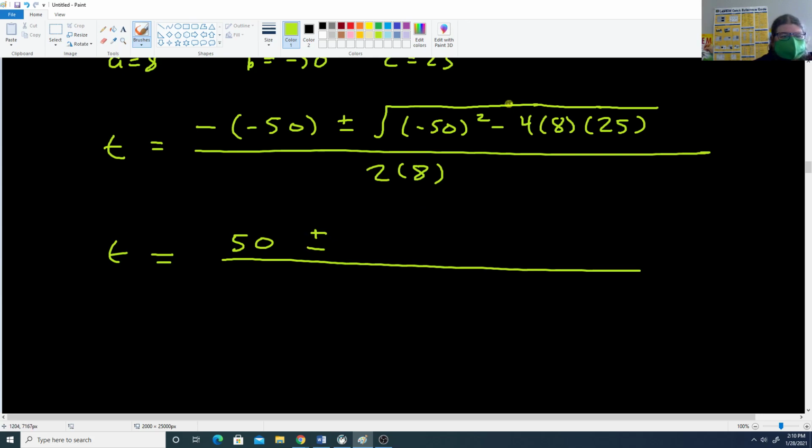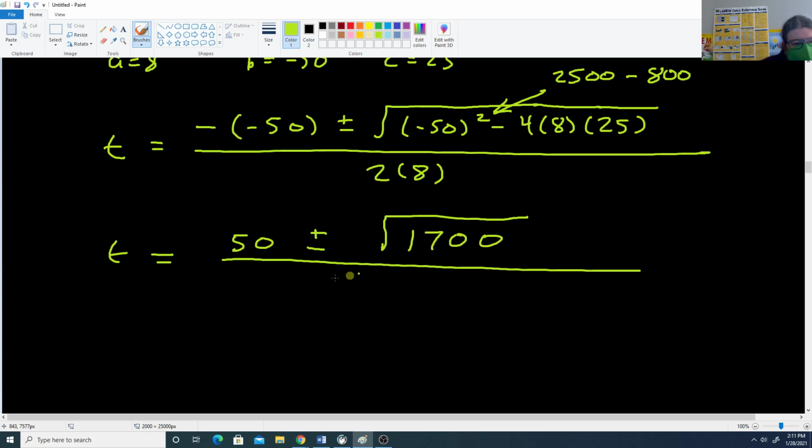We get plus or minus the square root of negative 50 squared, which is 2500, minus 4 times 25, which is 100, times 8, which would be 800, all over 16. So my time equals that. I'm going to type each of those individually: 50 plus the square root of 1700 over 16, and 50 minus the square root of 1700 over 16. I'm going to put both those in my calculator.